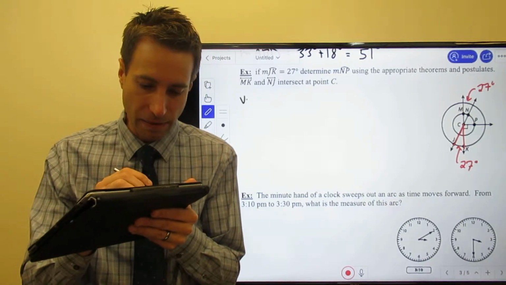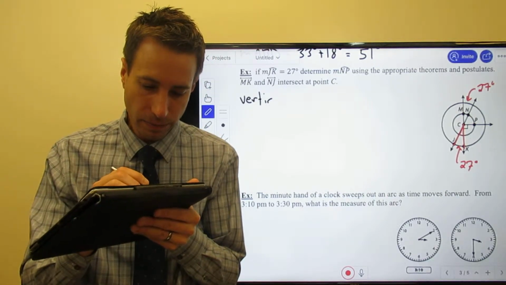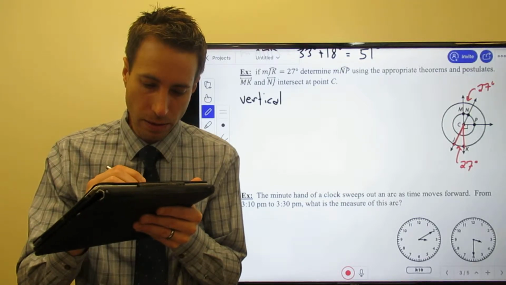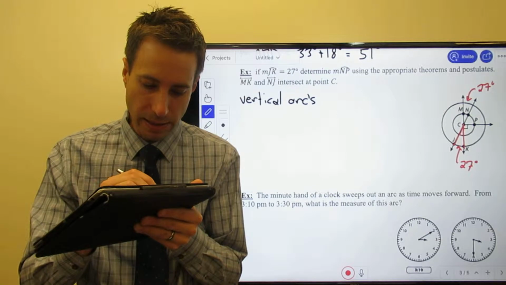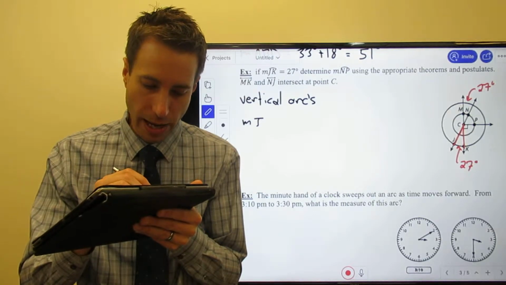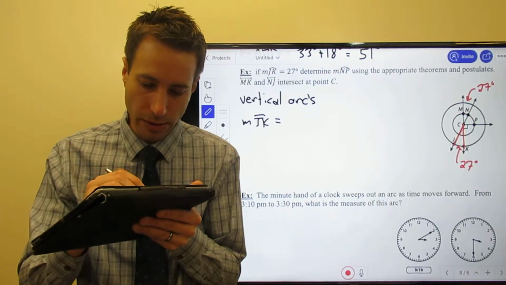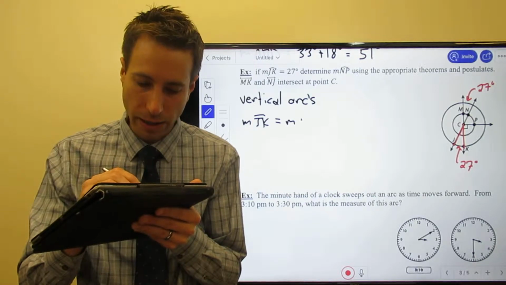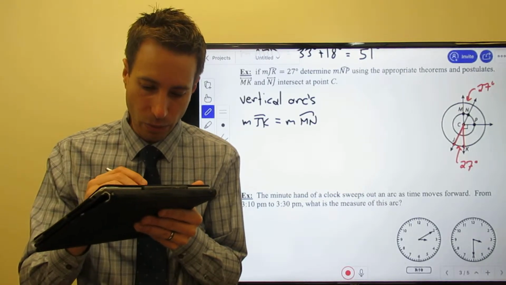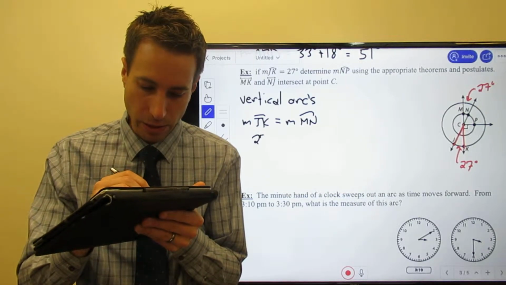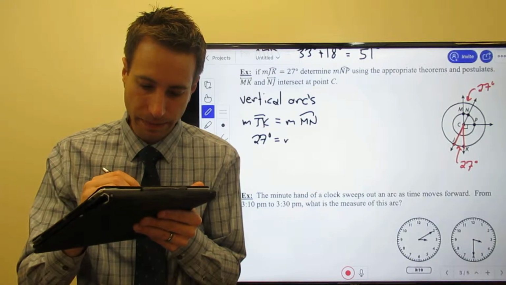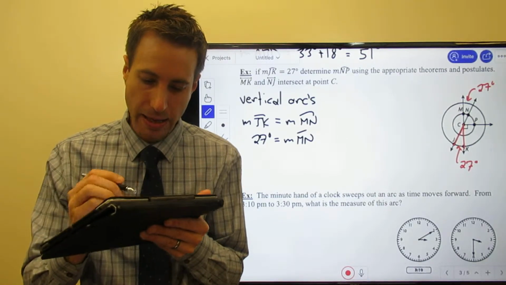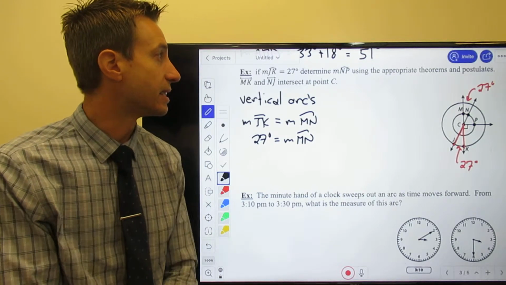Again, these are vertical arcs, which means that the measure of arc JK is congruent to the measure of arc MN, which means since JK was 27, arc MN is also 27.